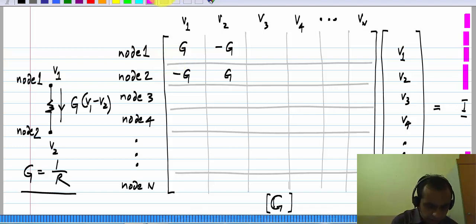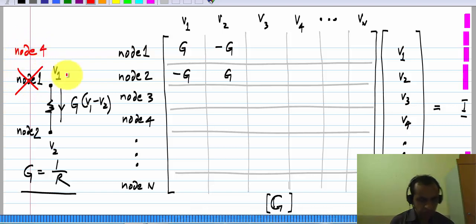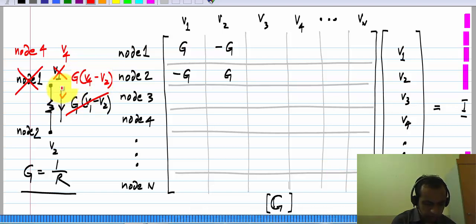Now let me take a different case where this was not node 1, but let's say node 4. And this would not be V1, but it would be V4. And the current, of course, would be G times V4 minus V1 flowing in that direction, downwards direction. So what would happen in that case? The resistance term would appear in the equations for node 4 over here and node 2 over there.